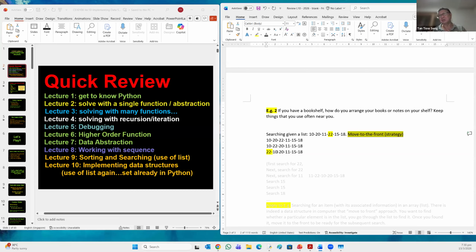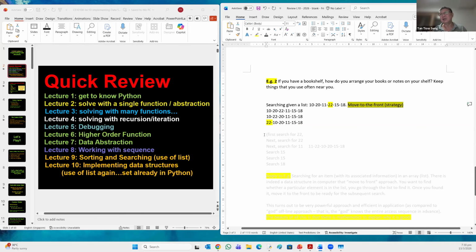One of the steps is to make sure that you can find the variable names somewhere, so you need to search one by one. And if you have found that variable name, maybe in the near future you're going to use that variable name again, so you will need to check on that guy again. This is what is called a move to the front strategy. It happens in computer science, and you can relate it to your real life. Like you take this computer science note, you read it, you want to keep it in the front.